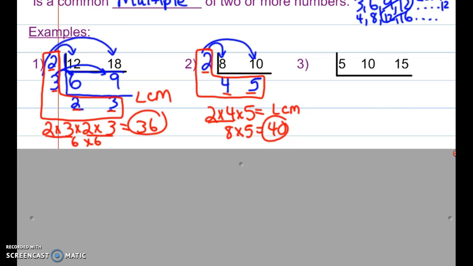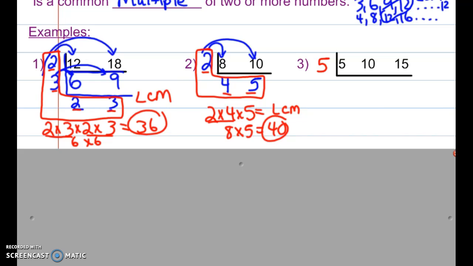The last example we're going to do, example 3, we are going to determine the least common multiple of 3 numbers instead of 2. Our ladder, we're going to solve it the same way that we did yesterday. What you should notice is that 5 goes into all 3 of those because they either end in a 5 or a 0.